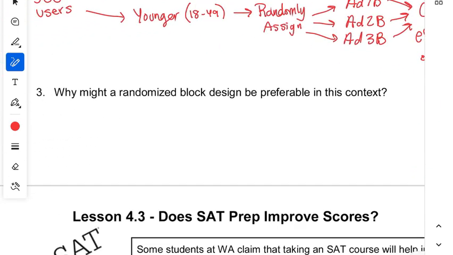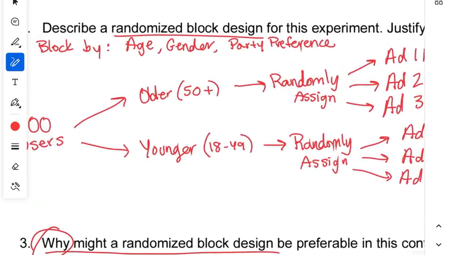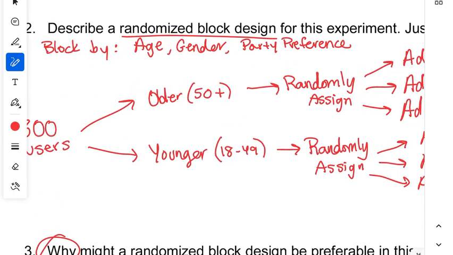All right, number 3. Why might a randomized block design be preferable in this context? You skipped justify your choice. Oh, justify your choice. I wrote some answers about blocking. So why would we block? Why would we choose older versus younger? I think we talked about it.